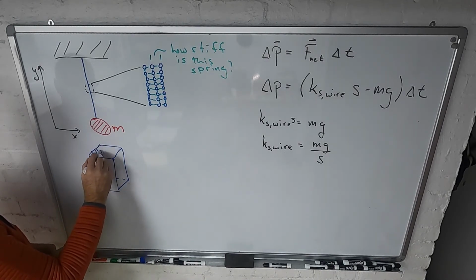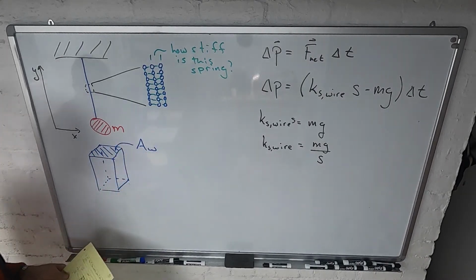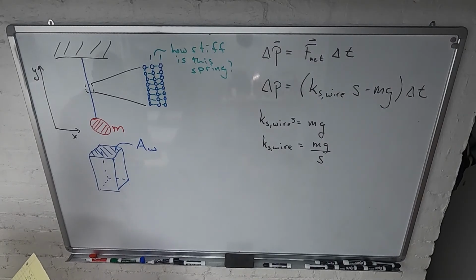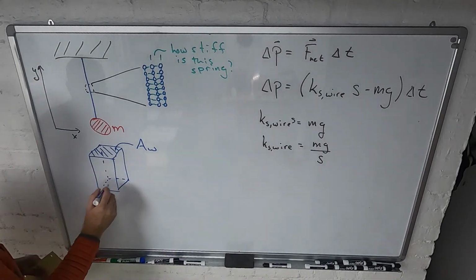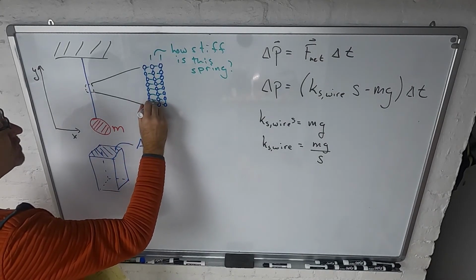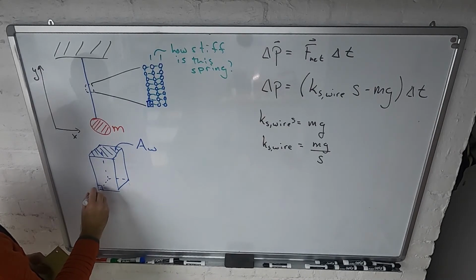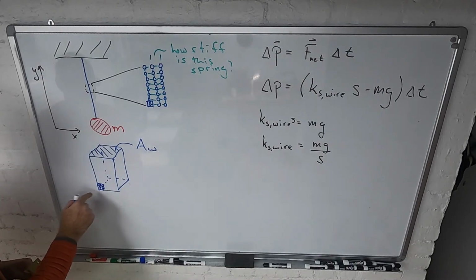And this is my cross-sectional area, A of the wire. And each atom, if I zoom in even more, each atom itself will have a cross-sectional area, in this case, a very small little box that will contain one atom.